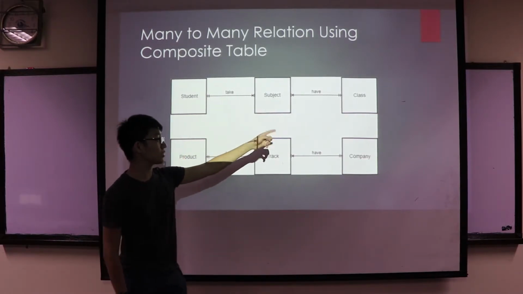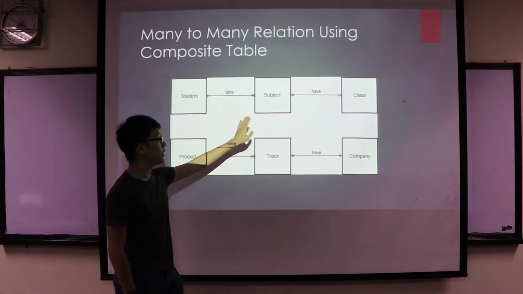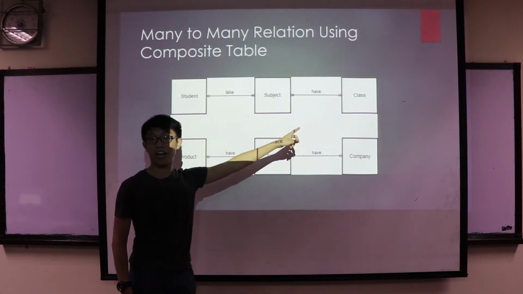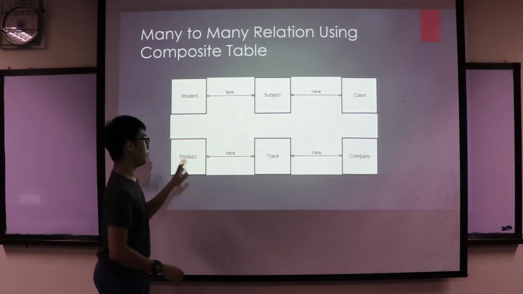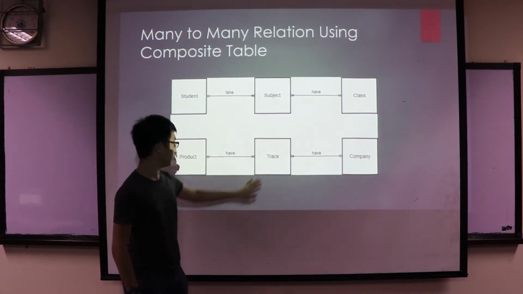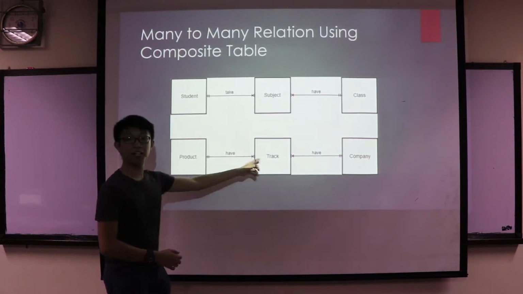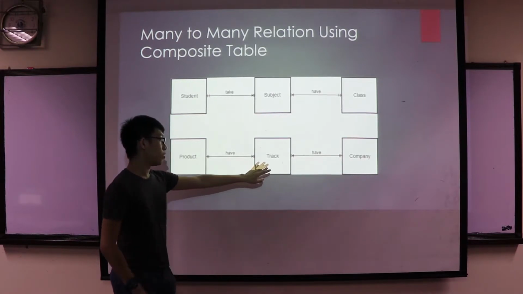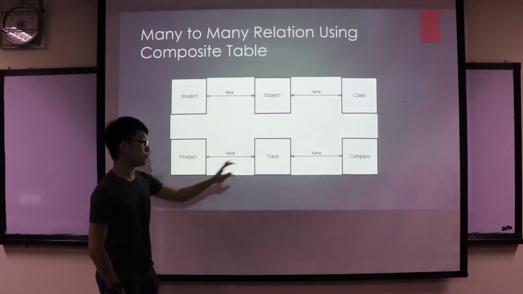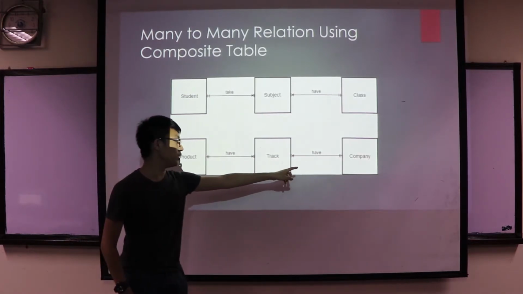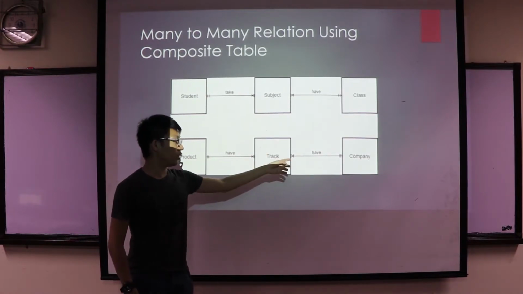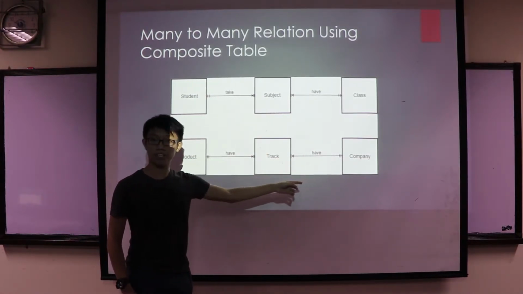As for the classes, one class could have many subjects, while one subject could only have one class. Based on the second example, the composite table is track. One product could have many track codes, and one track code could only have one product. As for companies, one company could have many track codes, and one track code could only have one specific company.